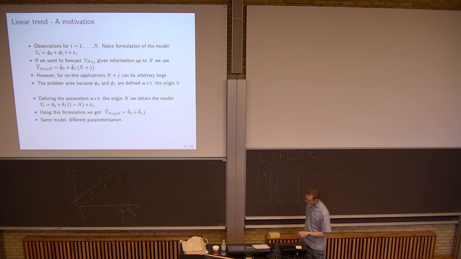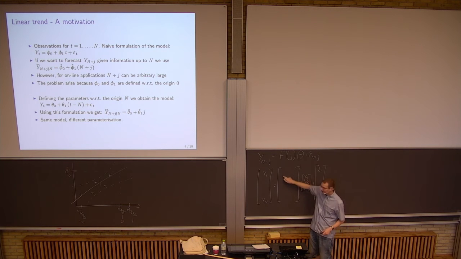And then if we use this notation here, we'll have a vector of parameters that is theta 0 hat and theta 1 hat, plus epsilons.